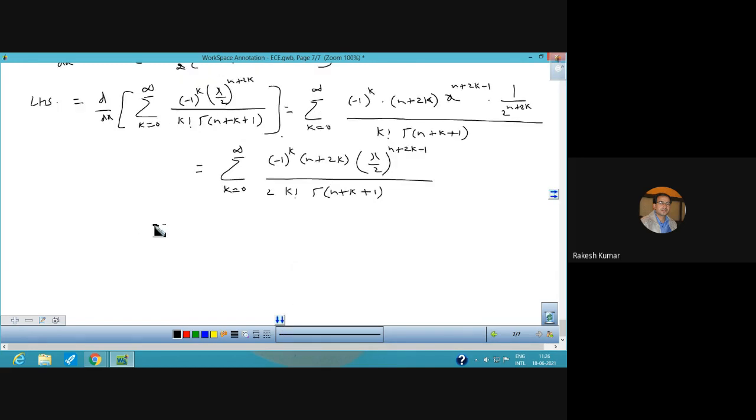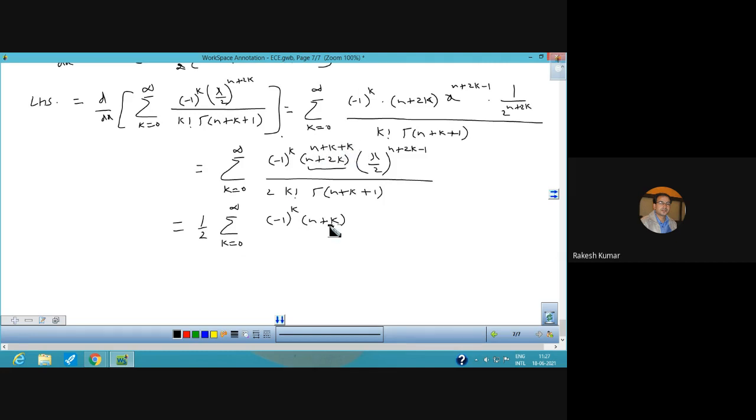Now this step is very important. You just see 1/2 can be written here, that is the summation k is 0 to infinity, (-1)^k, and here I am going to write n+k. Now you see this n+2k can be written as n+k+k.